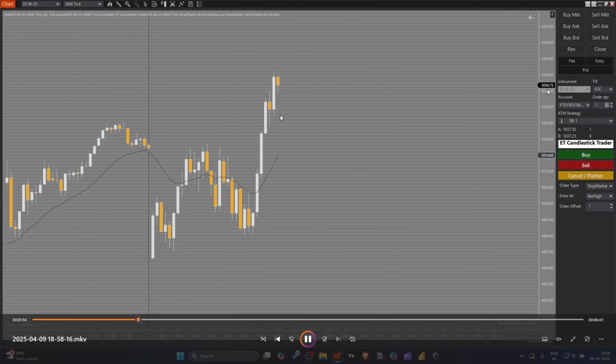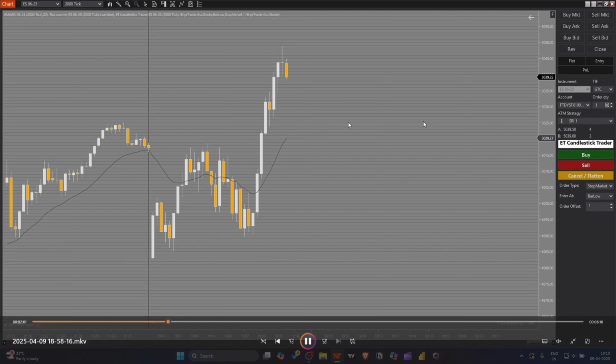Now if you see, I'm waiting for a wedge top again. Why? Strong leg, micro pullback, strong leg. This is going to be a micro pullback. So if I move forward, first attempt to go lower, second attempt to go lower.